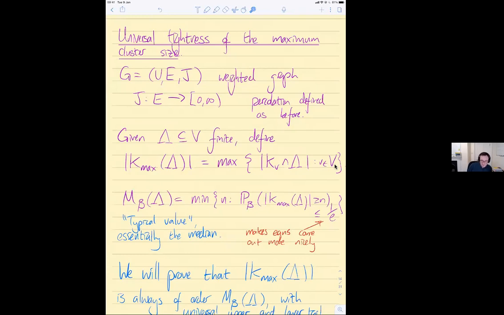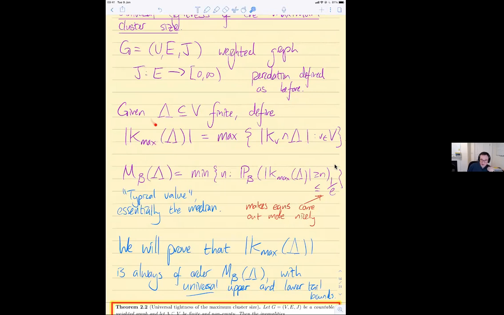A good example to keep in mind from now on is just ordinary nearest neighbor percolation on Z^d. Suppose I give you a finite set of vertices in this graph, lambda. I define this random variable, K max of lambda, to be the maximum intersection of a cluster in the graph with the set lambda.